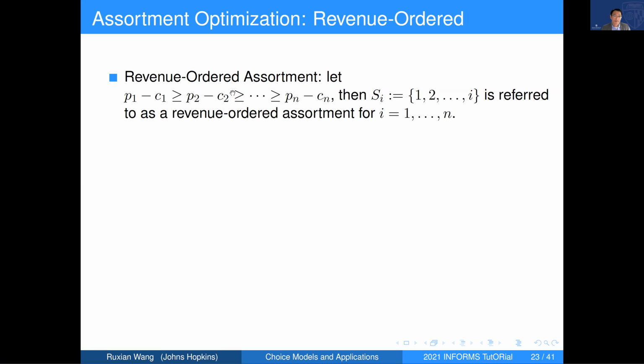And the revenue-ordered assortment S_i means you offer products 1, 2, 3, 4 up to i. This is the revenue-ordered assortment. You can see there are up to big M such revenue-ordered assortments.